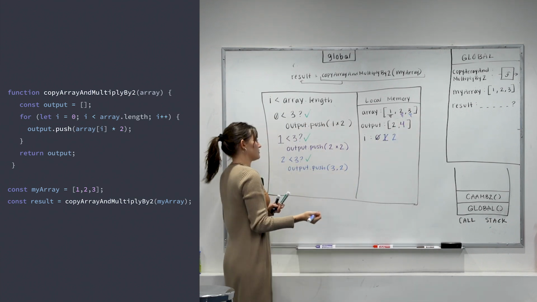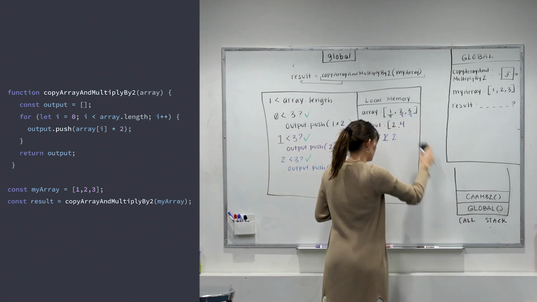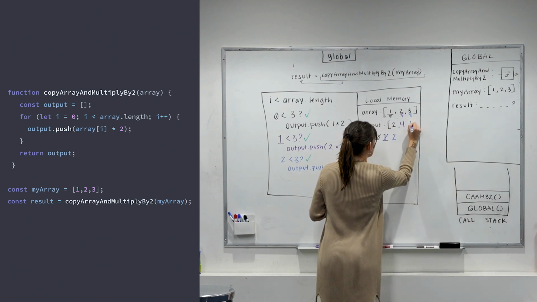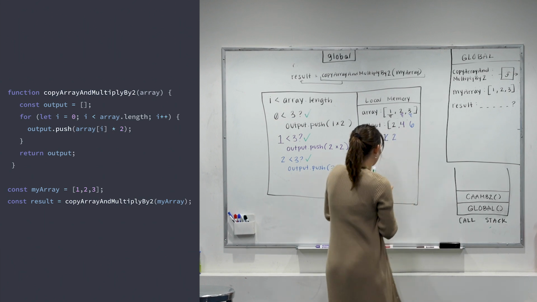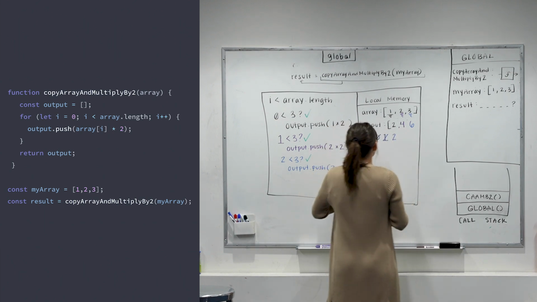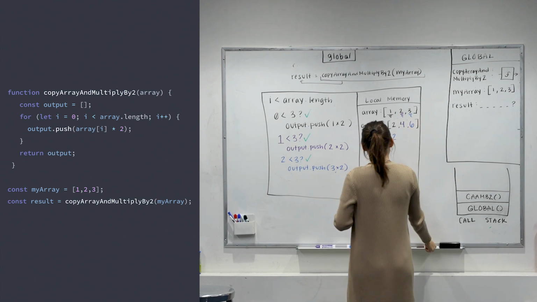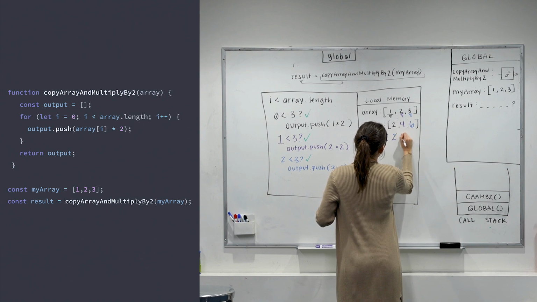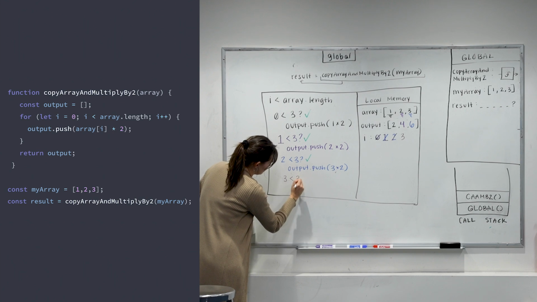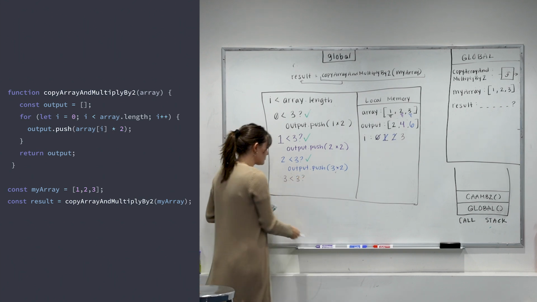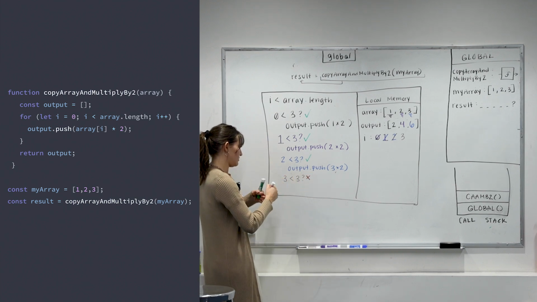And our third element of the output array is now 6. Super duper. Whoops. I have too many markers. Okay. Then what do we do? Then we'll increment I to 3. And the breaking condition occurs. 3 is not less than 3. So we will exit our for loop.